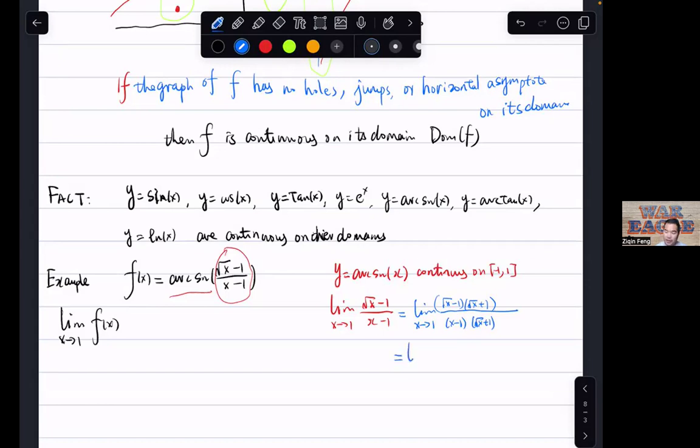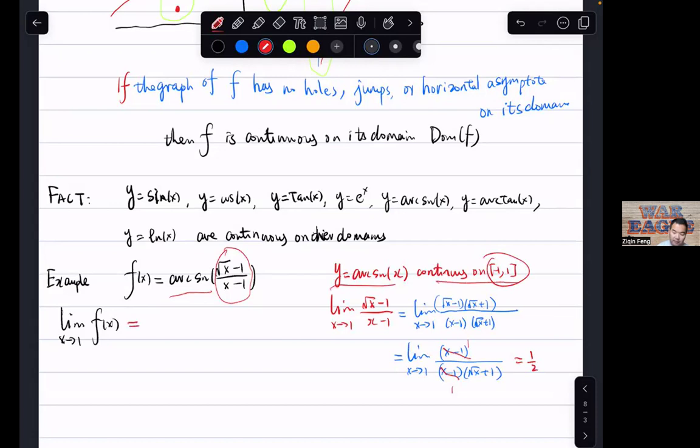So as x goes to 1, x minus 1 over (x minus 1)(square root x plus 1), the common zero factor will be canceled. Now you can plug in 1, which gives 1/2. The 1/2 is in the domain, and the function is continuous there, which is good.